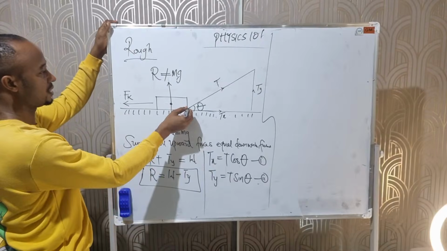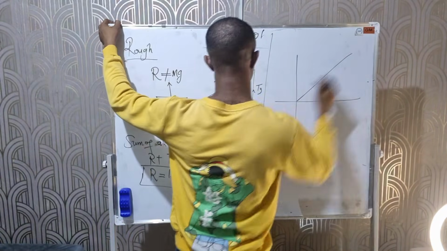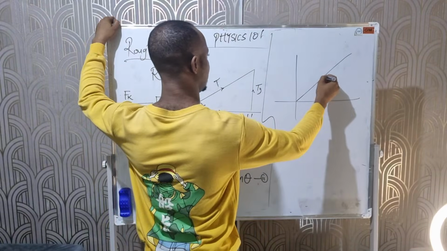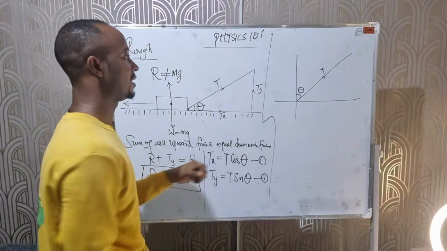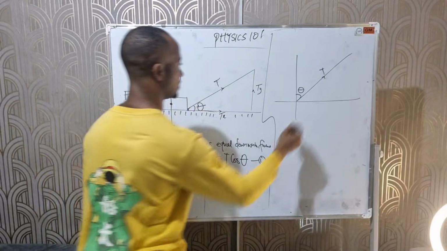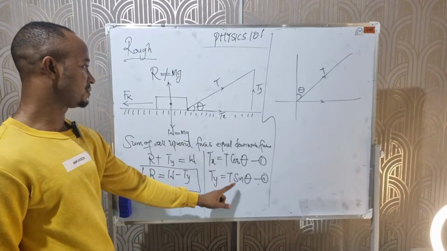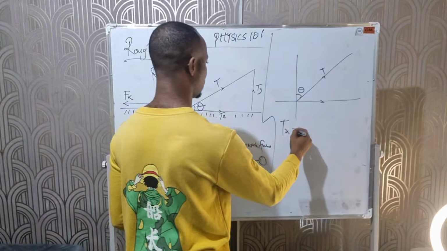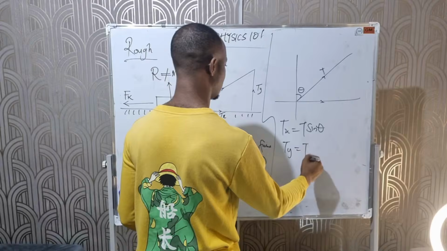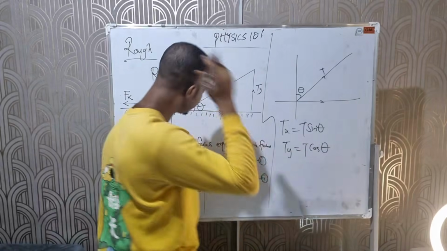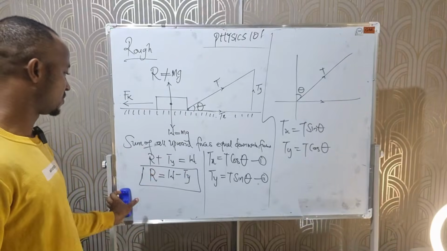If we have a diagram like this, and my tension is here, and the angle is now along the vertical axis, there's no way I can resolve it the same way. Our Tx becomes T sine theta, while Ty becomes T cos theta.